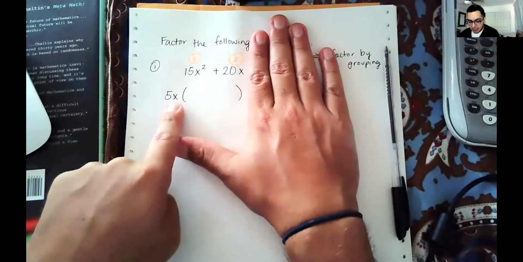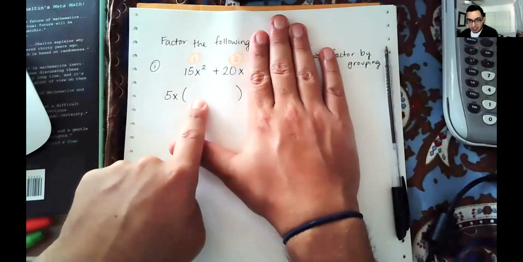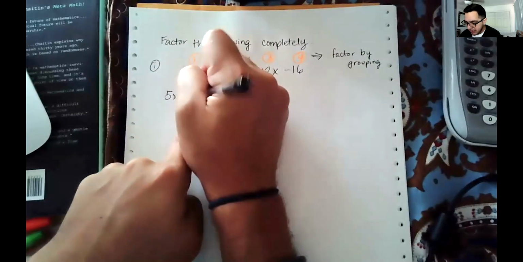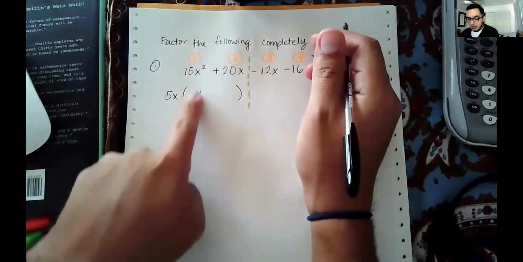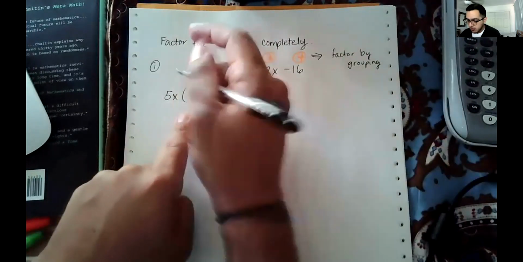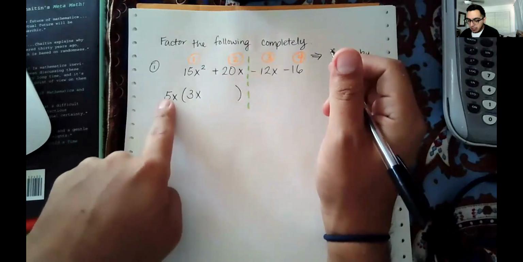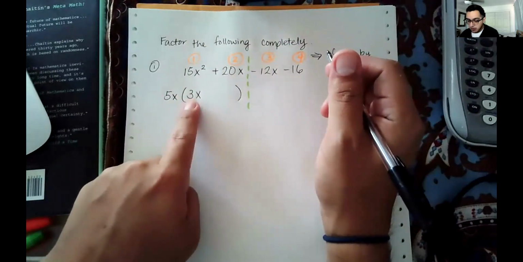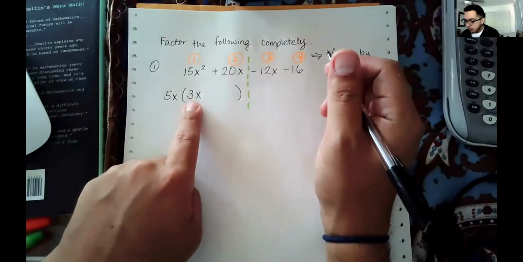Well, I know I have an x here. I need one more x to get the x to the second power. So there has to be an x here. And then 5 times what gives you 15? 3. So that's how I know that 5x times 3x will give me this original term back. So that's why I know that the 3x needs to be there.